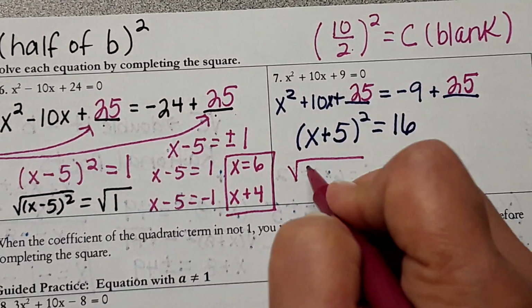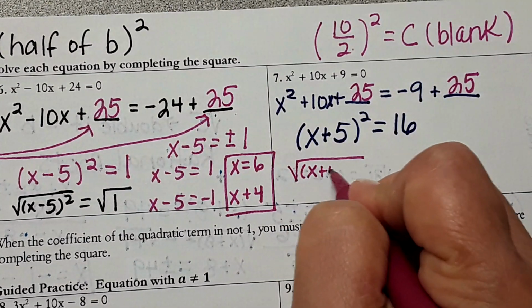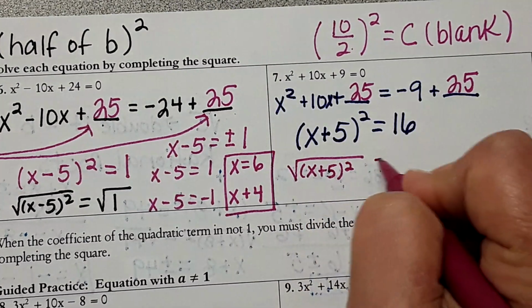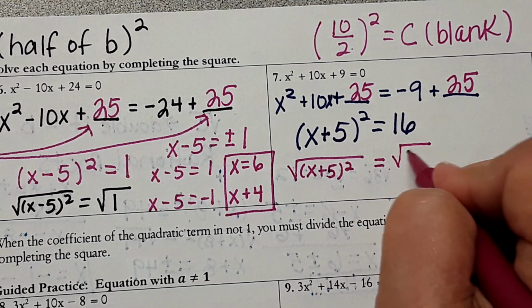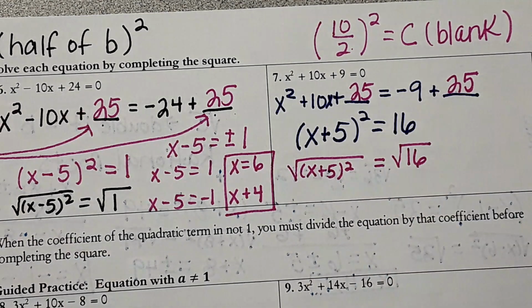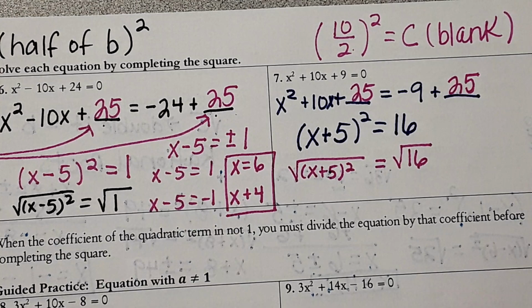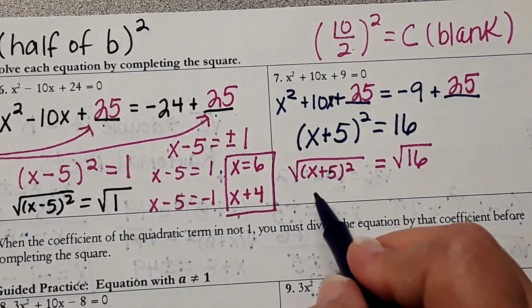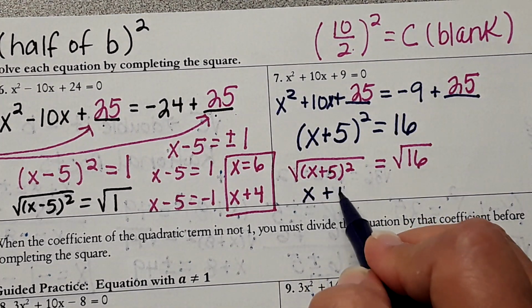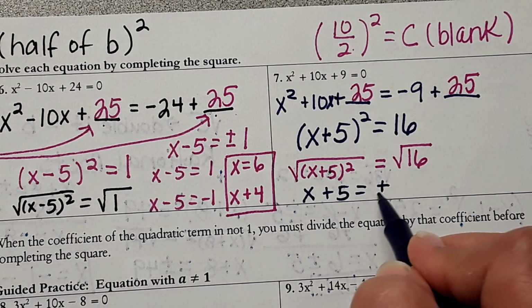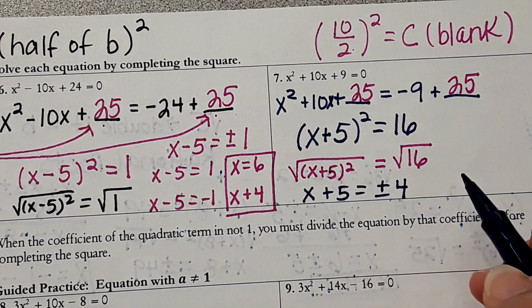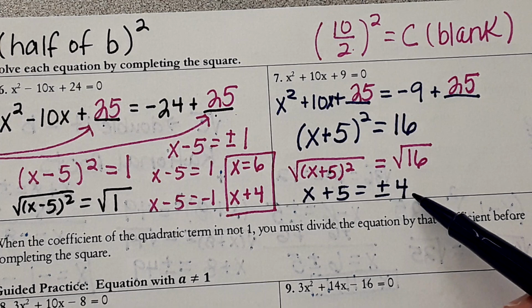I'm going to take the square root of both sides. And I get x plus 5 equals plus or minus 4, because the square root of 16 is 4.